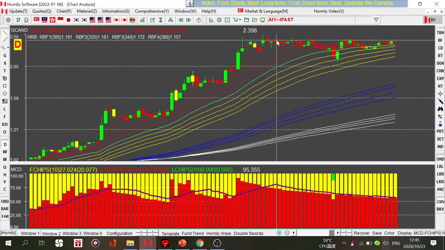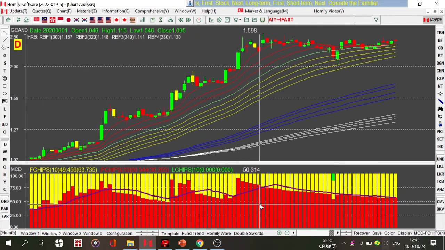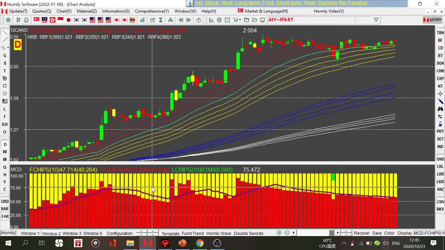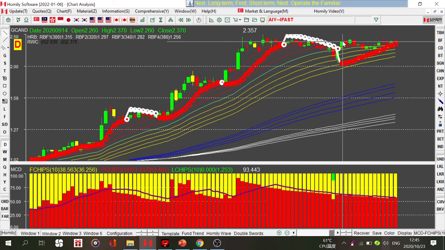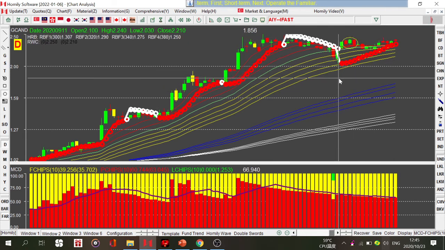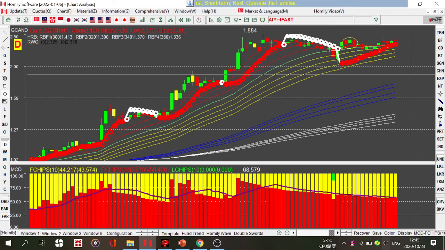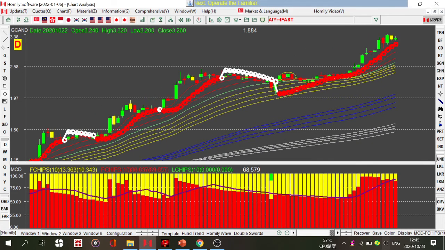Long-term uptrend and big boys above 50%, quite stably, right? No retailer. See? And then follow the red and white circle to find the proper entry points. This will be the easiest and the safest way for you to make profits. And usually it's great profits.